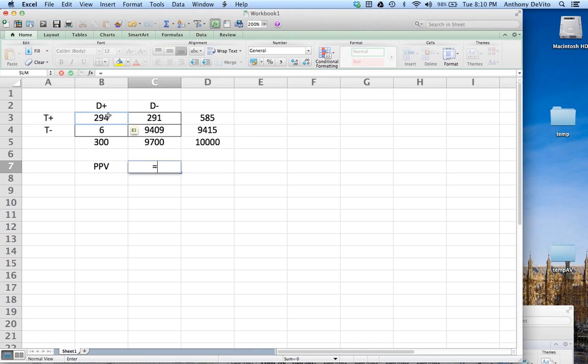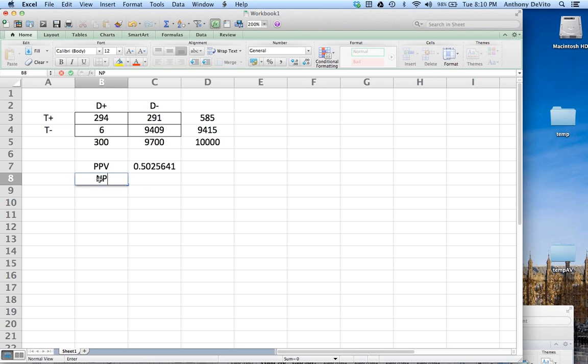So the probability that you have the disease, given that, that's the conditional part, given that you've tested positive, is 294 out of 585. Out of 585 people, roughly half of them actually had the disease. The other half, 291, did not have the disease. So the positive predictive value is roughly 50%.